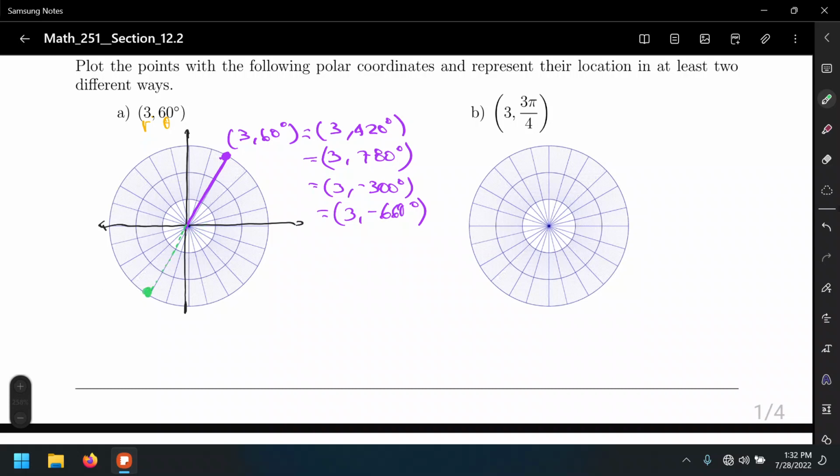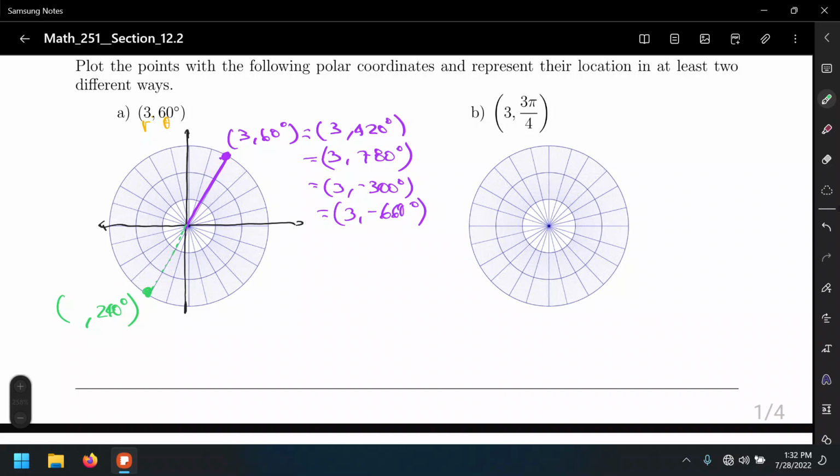What would be the angle here? So from here to there is 180 plus 60, 240, so 240 degrees. But notice it's collinear with the angle with the point that we plotted before.